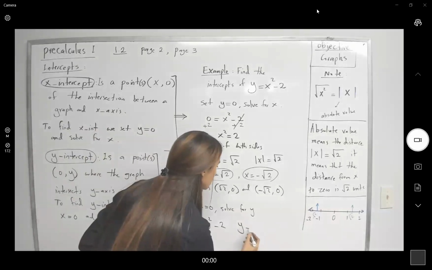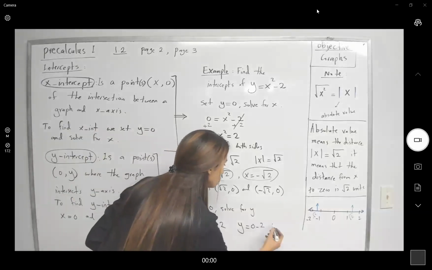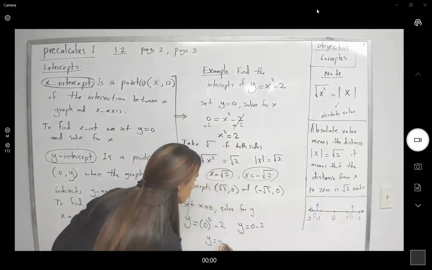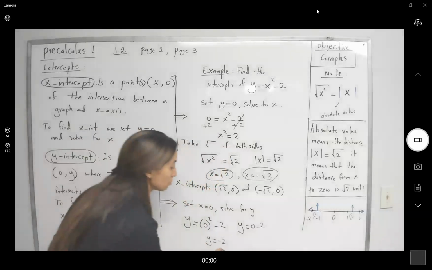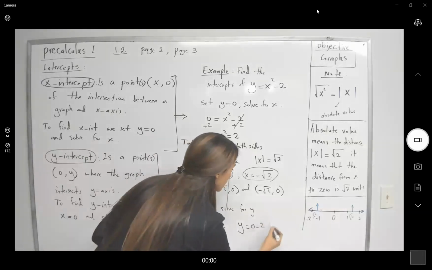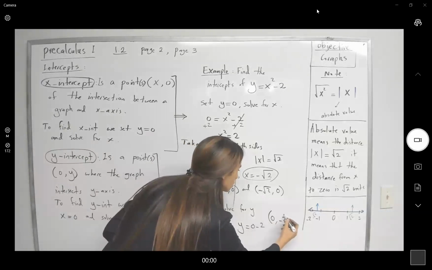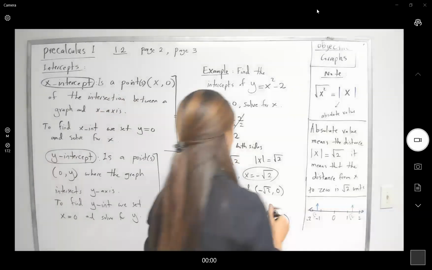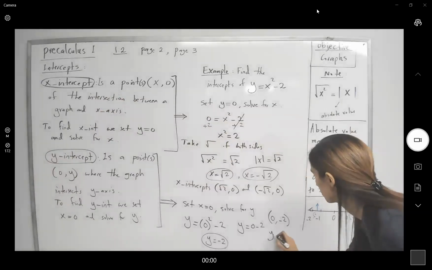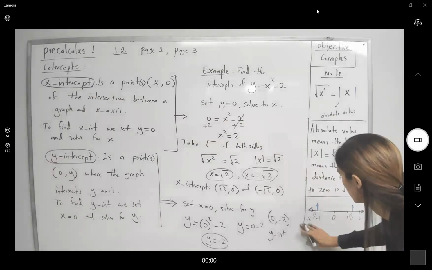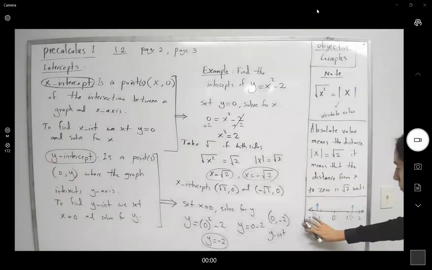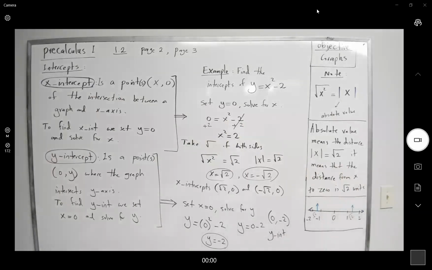So y is equal to 0 minus 2, or y is minus 2. What's the meaning of that? It means that your y-intercept is 0 and minus 2. This is your y-intercept. Let's take a look at this. Visualize this guy.